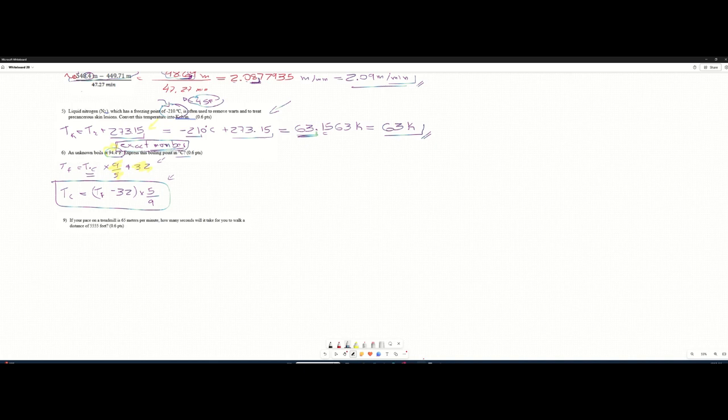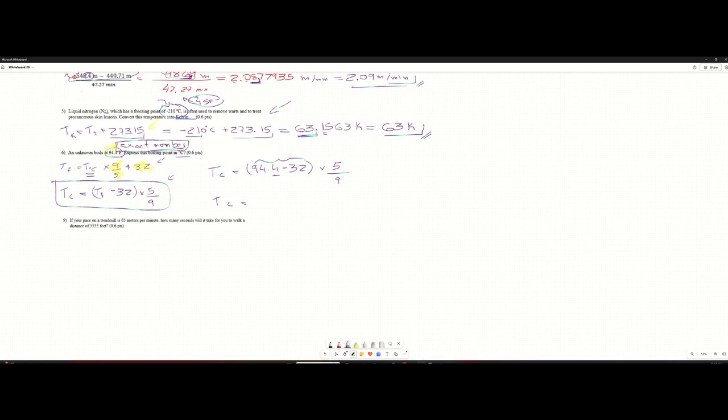So now I will just plug in my data. I have 94.4 minus 32 times 5 divided by 9. So in this equation, I need to look at the decimals.